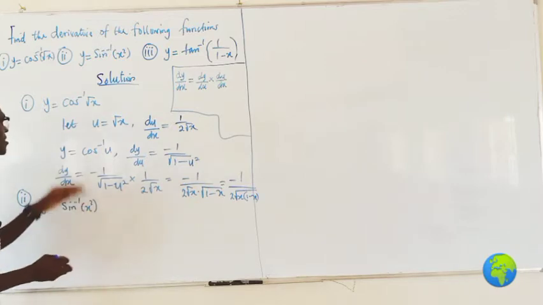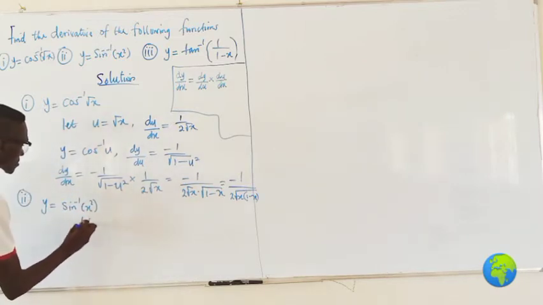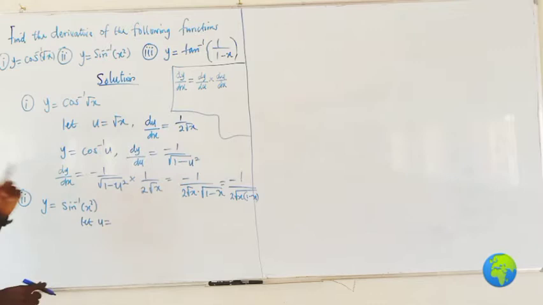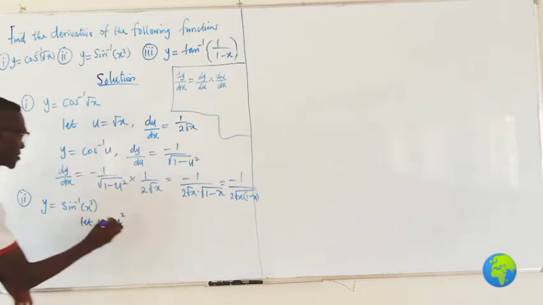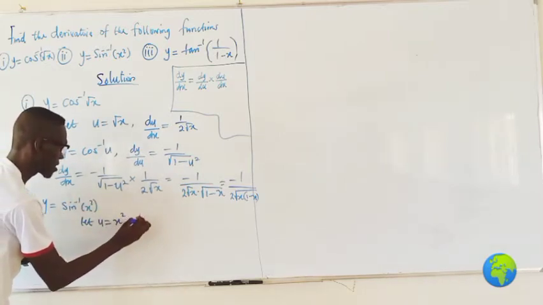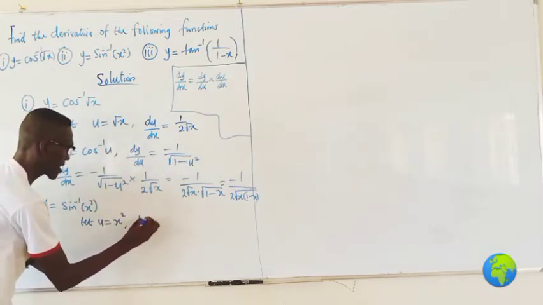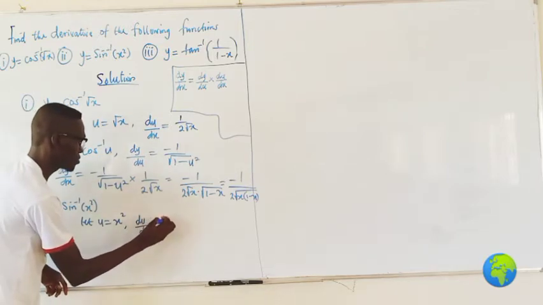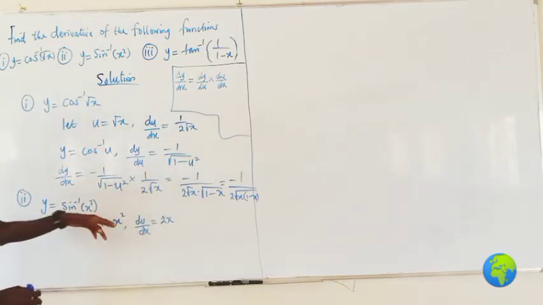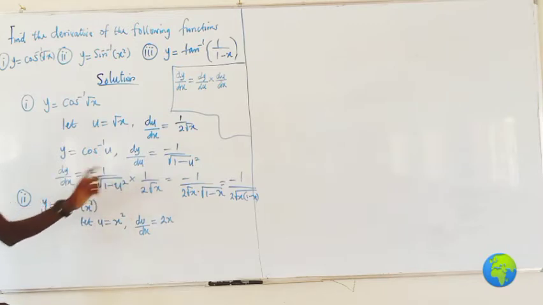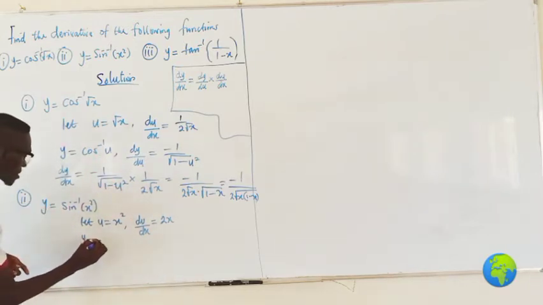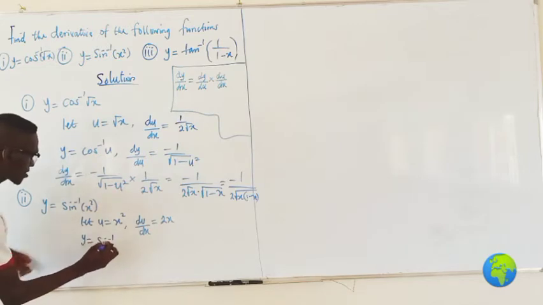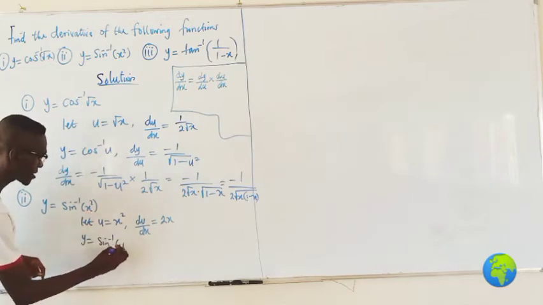Same idea, you just let u equal, like I said, pick what is inside the inverse sine, which is x squared. Differentiate u, which is du with respect to x, equals 2x, right? Immediately you're done with u and du, the next thing is to get your y to be equal to sine inverse of, instead of x squared, I'm to write u.